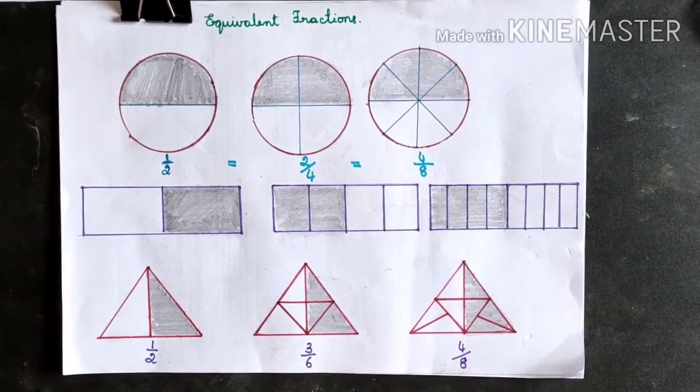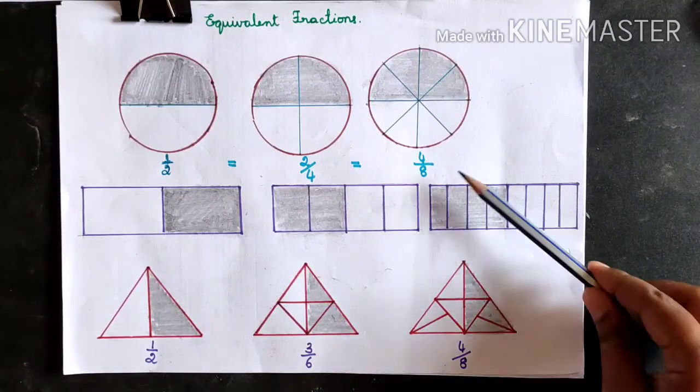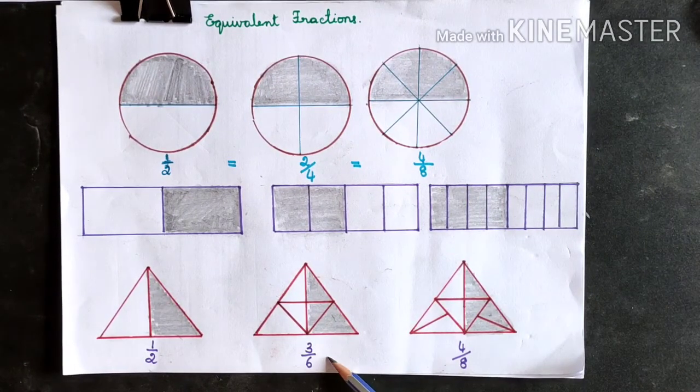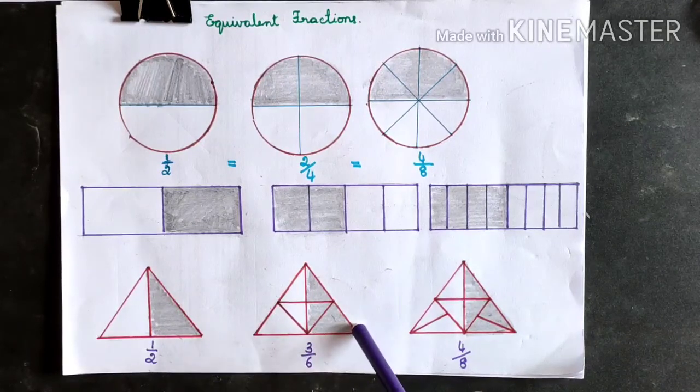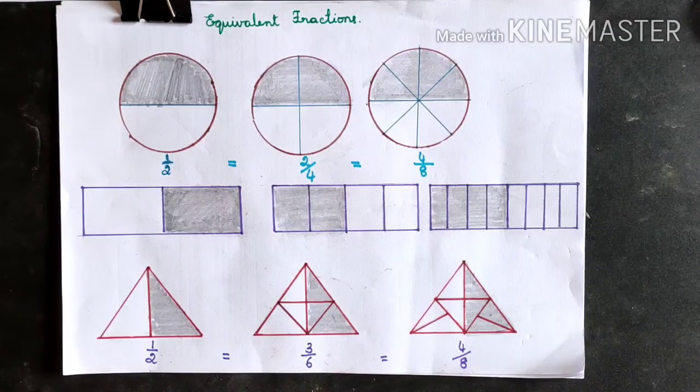So if you compare the first, second and the third pictures, first one is a half, last one is 4/8, second one is 3/6. 3/6 is also a half, since 3 is the half of 6. So half, 3/6 and 4/8 are equivalent fractions because they indicate the same value.